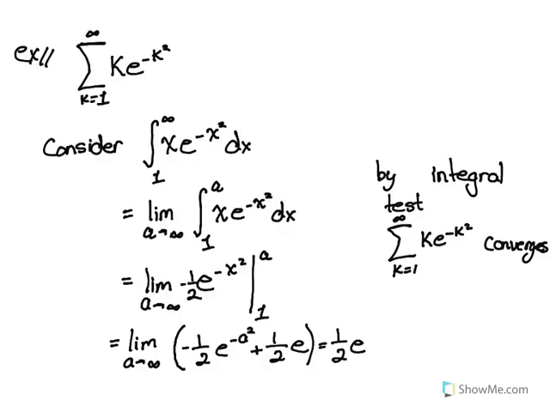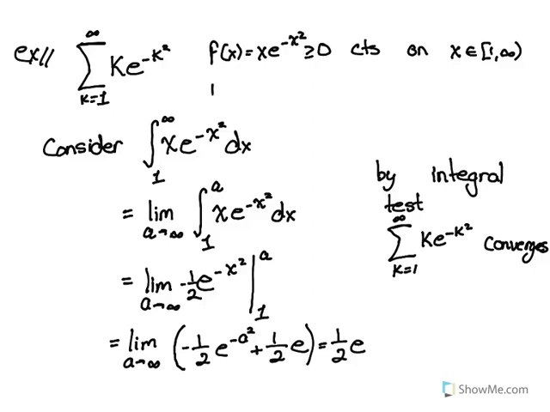And finally, with my last example, same thing. So again, we have that f of x is equal to x e to the minus x squared, which is greater than or equal to 0 and continuous on x in 1 through infinity. And it's greater than or equal to 0 because both x and e to the minus x squared are positive. Therefore, their product must be positive. And to check that it's decreasing, we simply take the derivative.